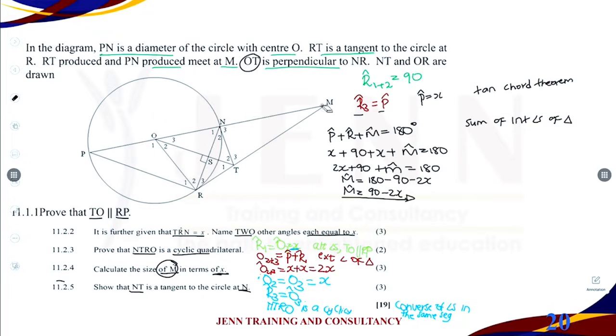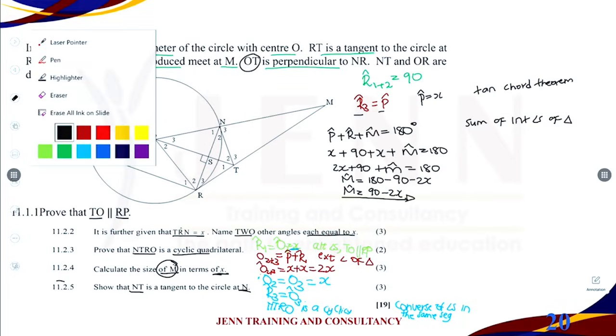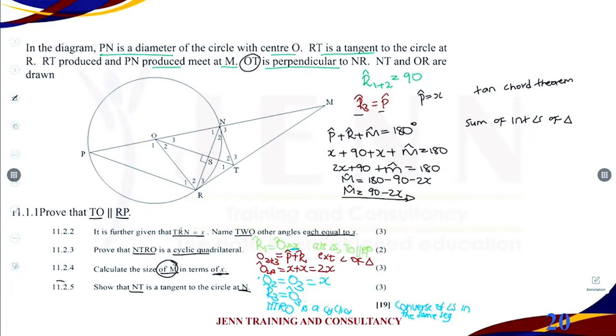So for me to prove that the line NT, this is the line, is a tangent to the circle, which angles must I prove to be equal? Remember, this is the tangent, and this is a chord. So this is the angle between the tangent and a chord, which in this case is angle N2.